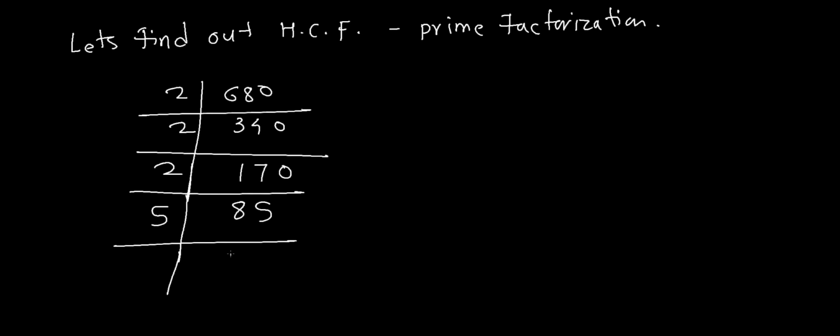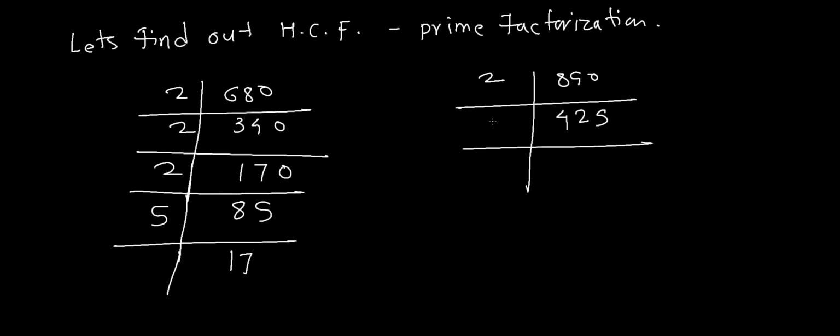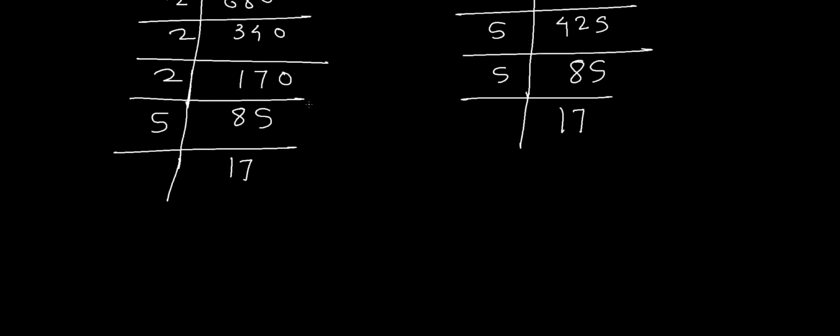Then 17 fives are 85. And here 850. So 850 divided by 2 is 425. Then we use 5, 85, and then again 17 fives are 85.